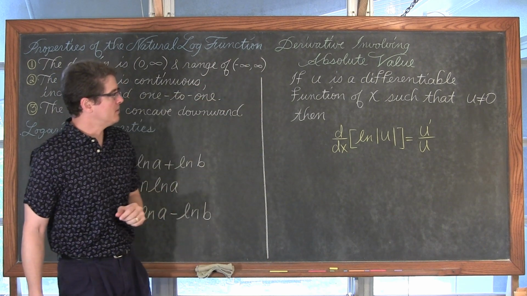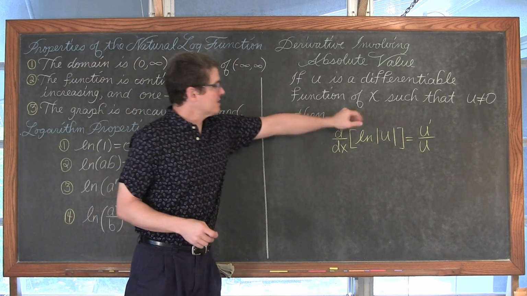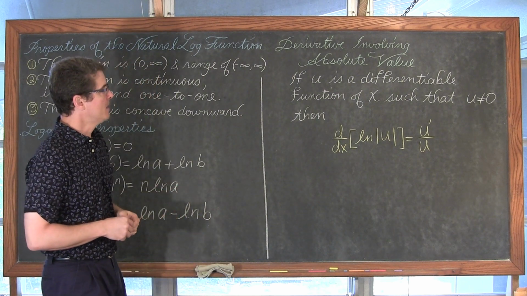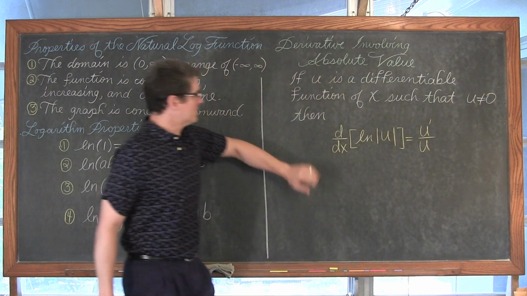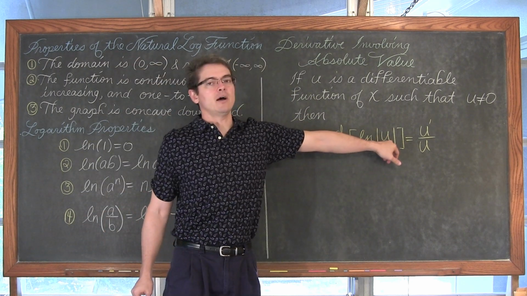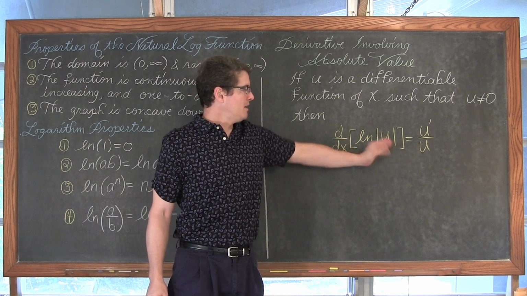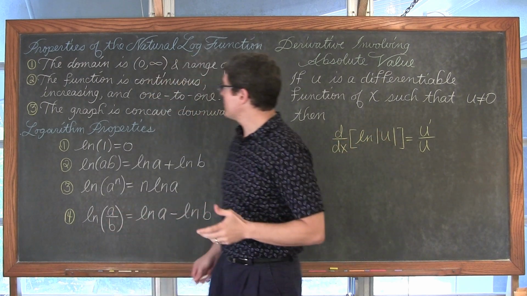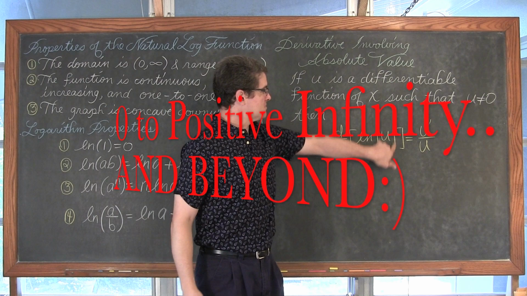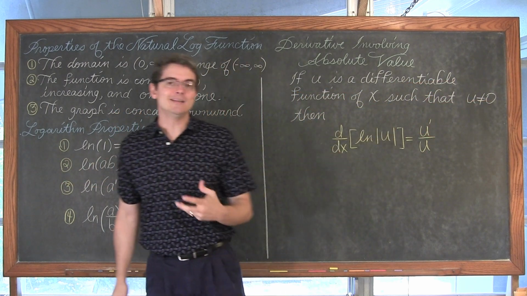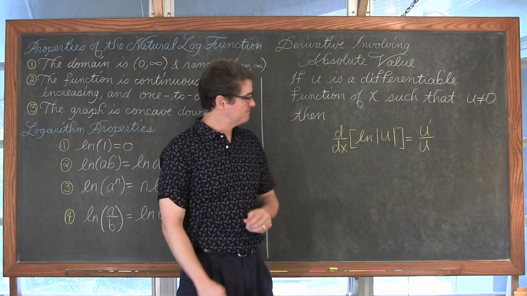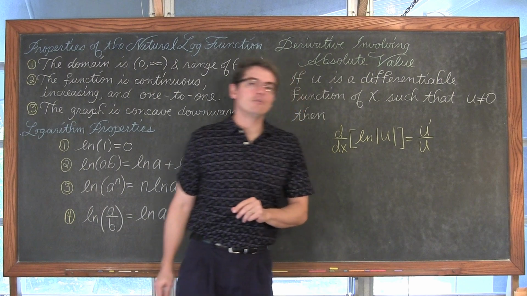If u is a differentiable function of x, again we're talking about that u substitution that we'll be needing with most of our examples, actually basically all of them, such that u is not equal to 0, then the derivative of the natural log of the absolute value of u, and we get this somewhat often because, again, your domain for the natural log function is only from 0 to infinity, so you have to make sure sometimes that what you're taking the natural log of is positive, because if it's negative it would be undefined or not within the domain of the natural log function. And that ends up just being u prime over u.